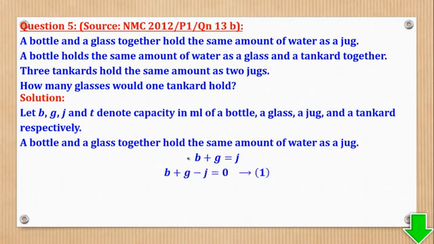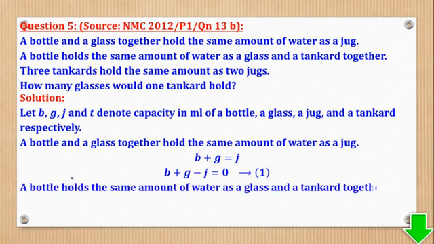So when I take everything on one side, I'll come up with this. Call it equation 1. Then the next statement said, a bottle holds the same amount of water as a glass and a tankard together.